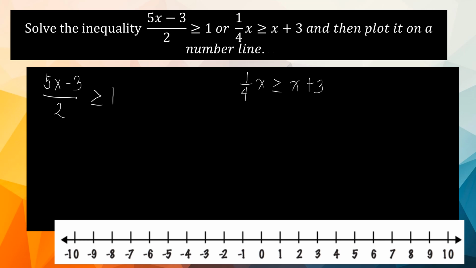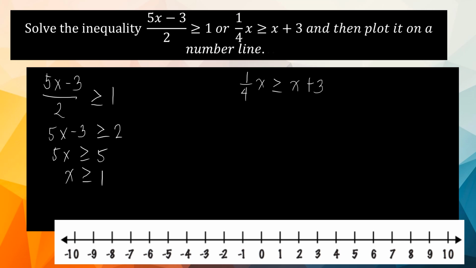So this would become 5x minus 3 is greater than or equal to 2 times 1, which is 2. Transpose negative 3 to the right side. That would be 2 plus 3, which is 5. Now divide both sides by 5 so that we can cancel out 5 here and we only have x. And then 5 divided by 5 is 1.